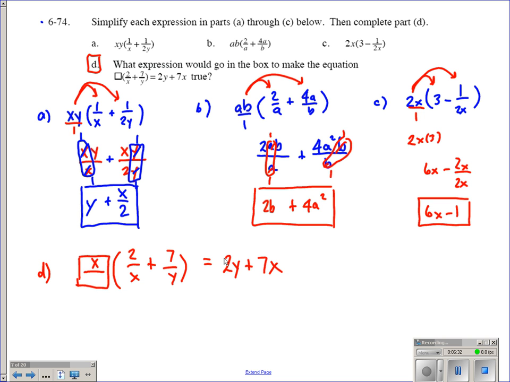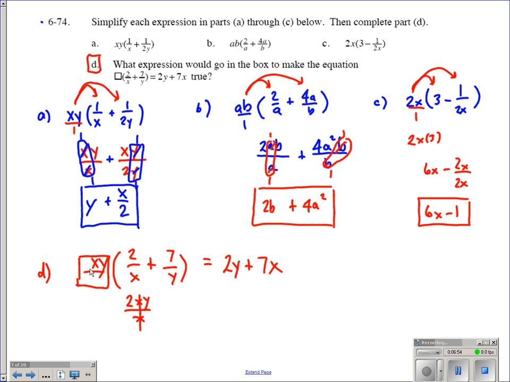But notice in my product here, I also have a y. So I'm going to have to include a y here. So I have x times y would be 2xy over x would then cancel out my x's, leaving me with 2y.